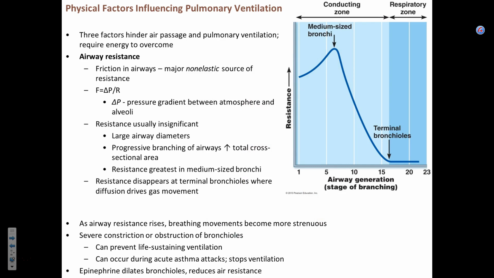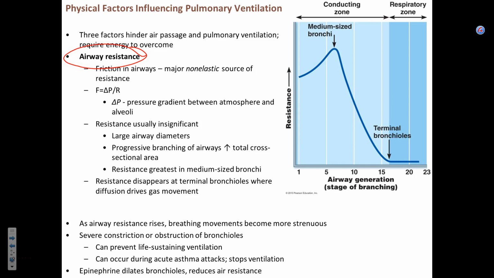Now, what influences the pulmonary ventilation? Quite obviously, resistance of your airways. We discussed the idea of resistance in the cardiovascular system. It's kind of a continuation. The resistance is really marginal, very small, because you're not pushing fluid, you're pushing gas, okay?